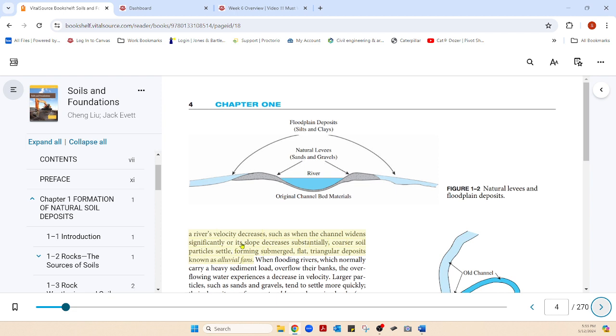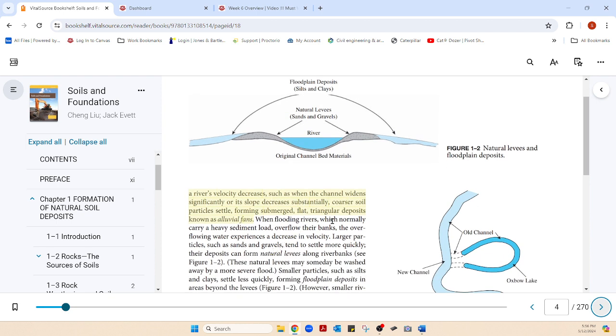As it widens, or its slope decreases, it's not going downhill like you might see in the mountains. Coarser soil particles settle, forming a submerged, flat, triangular deposit. I bet if you saw a creek running into another creek near you, you would see that triangle if the water was clear, where one's flowing into another.